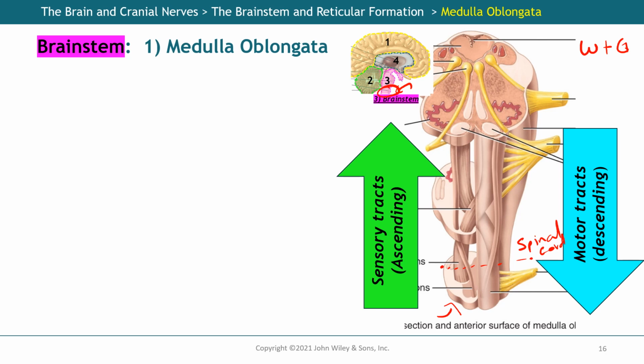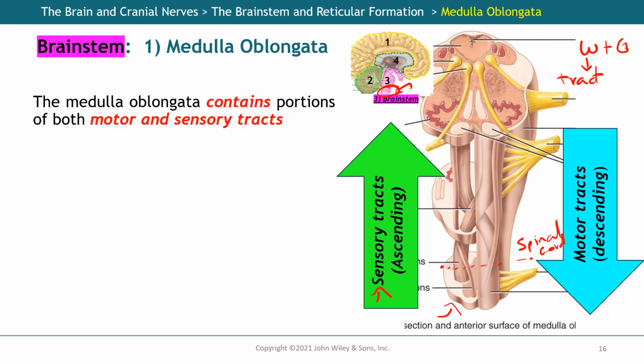But I told you that the white matter has tracks. And if you remember in the beginning in the terminology, I told you that there were two types of tracks. And here you can see them. So the medulla oblongata contains those two types of tracks: sensory tracks and also motor tracks.